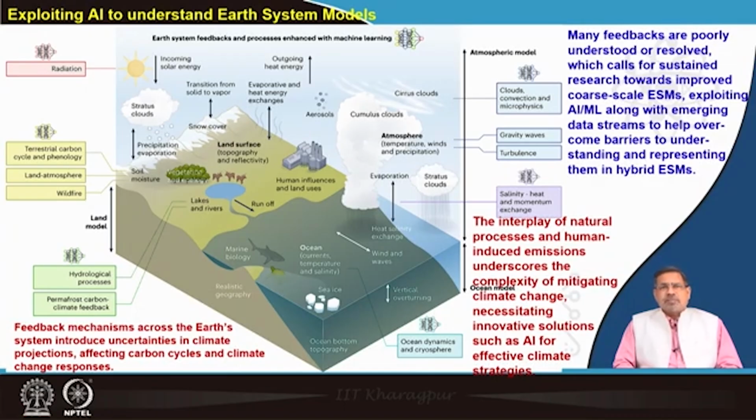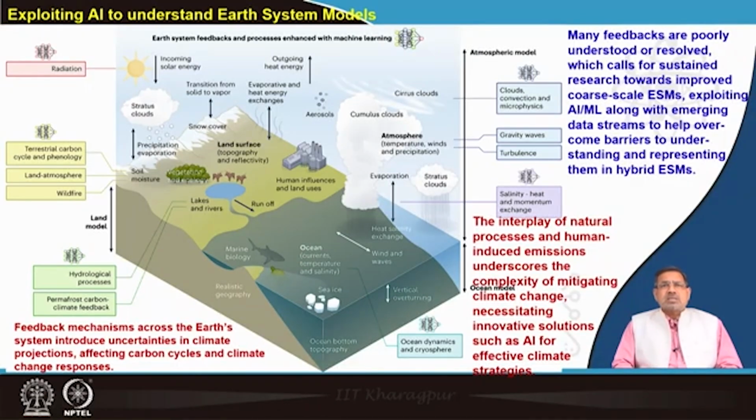Coming from the bottom, the ocean bottom topography, the vertical overturning in terms of ocean, the sea ice, the ocean current, temperature and salinity, and also the heat and salinity exchange and the wave and wind energy.